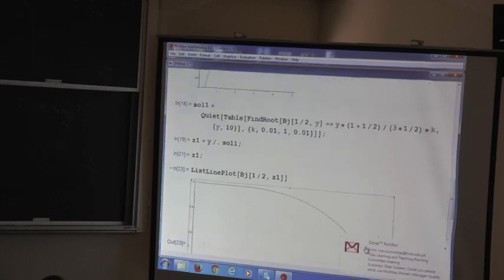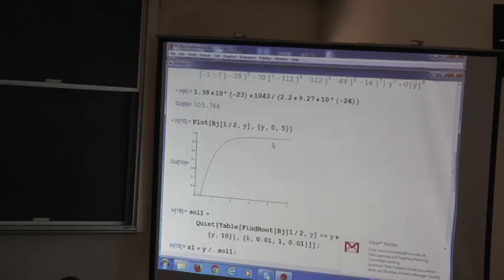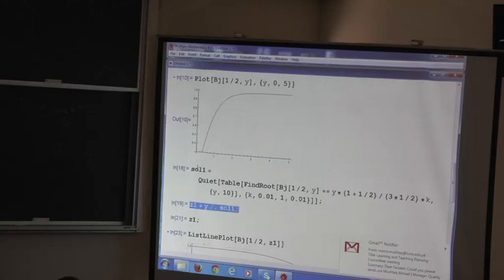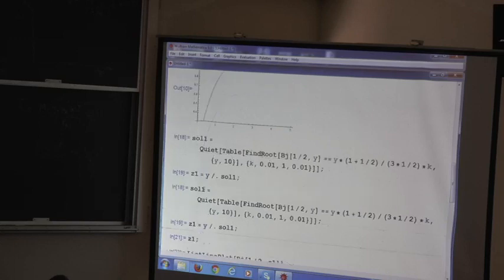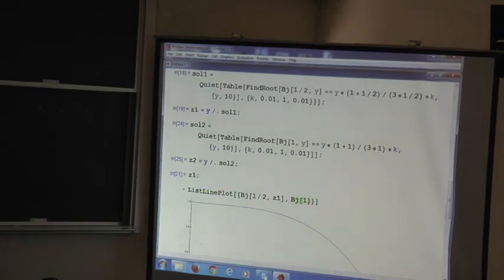So I repeat this calculation for a spin 1 system. We call it solution 2. Suppose I have a spin 1 system, Z2.